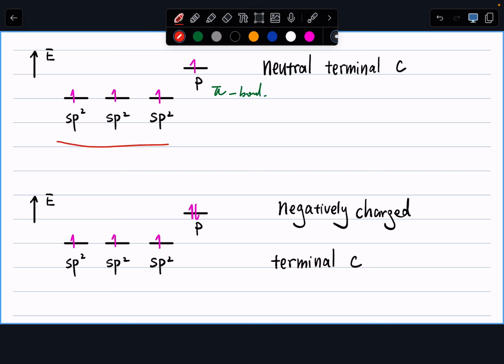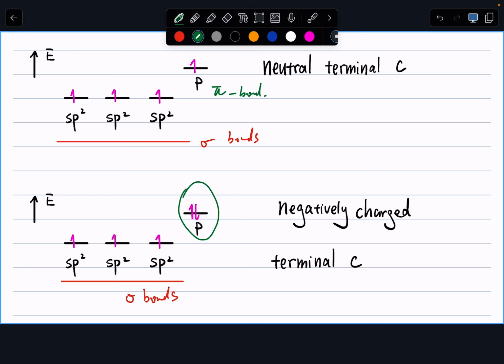And then for the negatively charged carbon, again, I don't know which one it is, one is negative, one is neutral. We have sp2 orbitals making sigma bonds, and then we have a doubly occupied p orbital for pi bonds, or a lone pair, if you may.